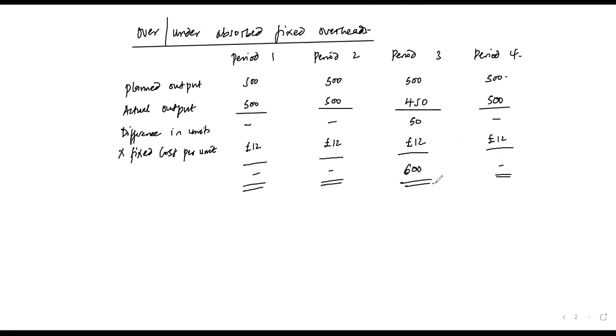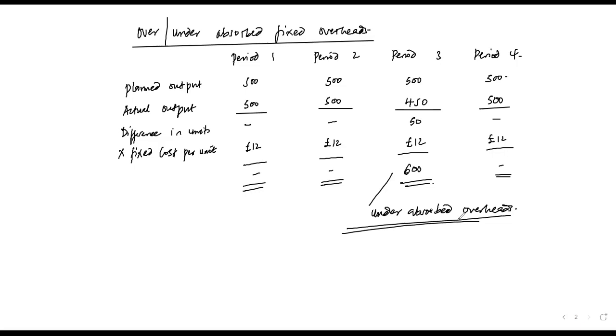Now, this 600 in period 3 represents under absorption, or under absorbed overheads. Simply because the actual production is less than the planned output, so lower overheads were charged, okay, in period 3 compared to the budgeted fixed overheads of 6,000.